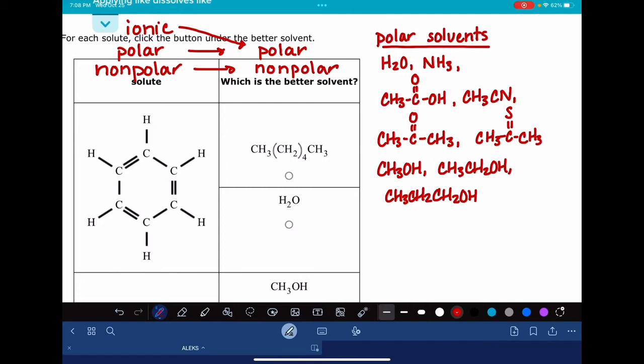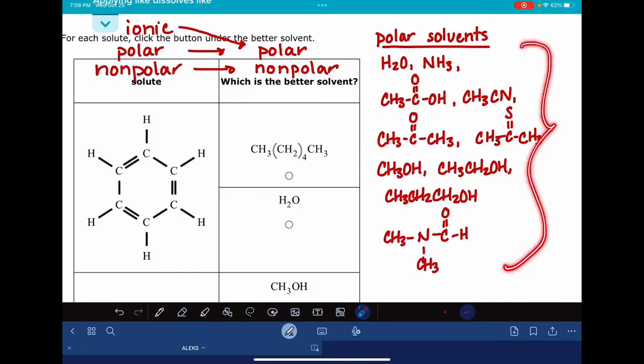And also I have seen dimethylformamide, so this guy, CH3NCH3, C double bond OH. And so these are the different polar solvents that I've seen as I flipped through.